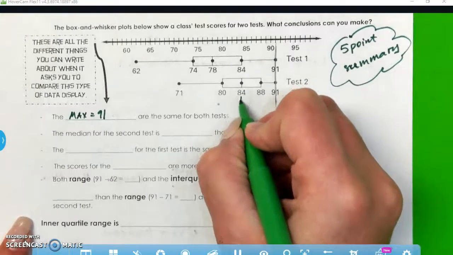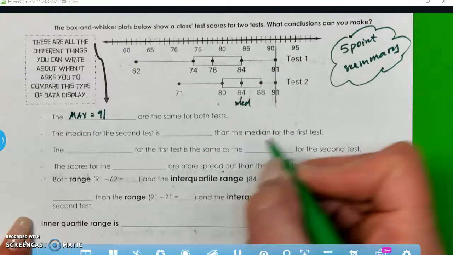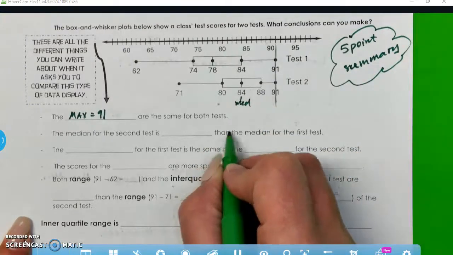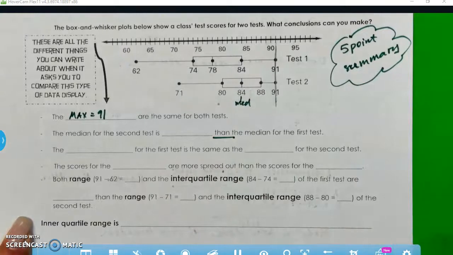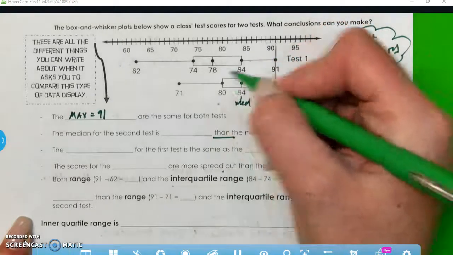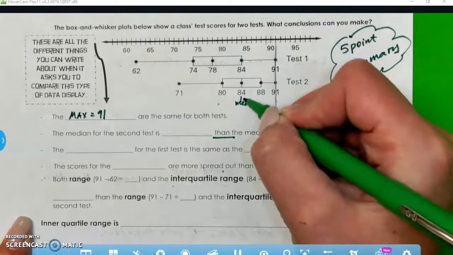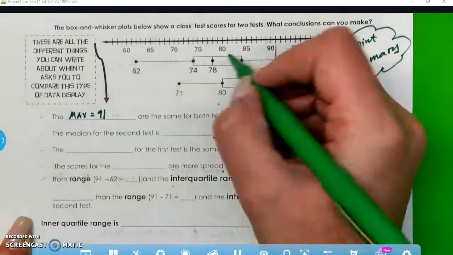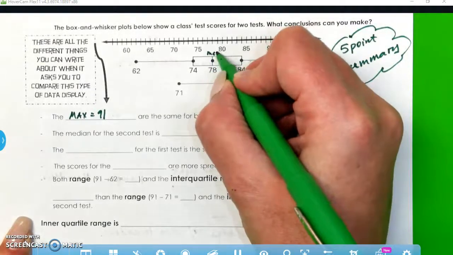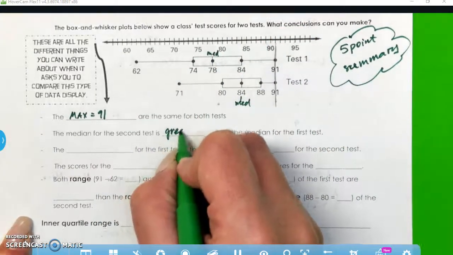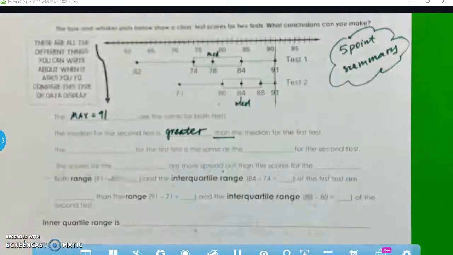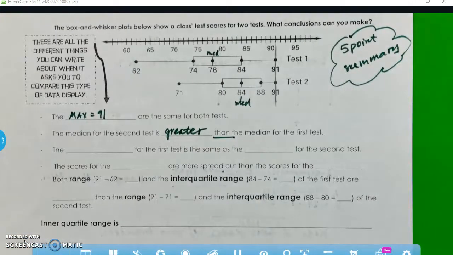So this is my median. If I have the word than, it's greater than or less than. When I'm looking at test 2, the median is 84. Test 1 has a median of 78. So the median of the second test is greater than the median for the first test.